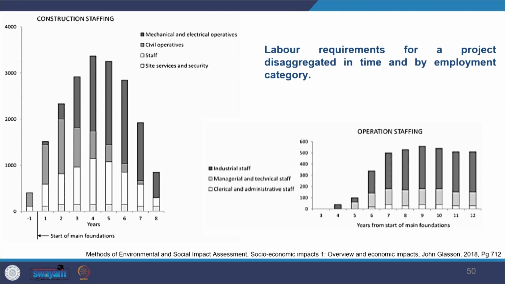You can see how, during construction, the staffing varies year by year. In the lower parts of the graph, you can see industrial staff, managerial staff, and clerical and administrative staff, and how those would vary. You can see how the top one, industrial staff, varies, and the clerical staff also. So that kind of data you have to look at.